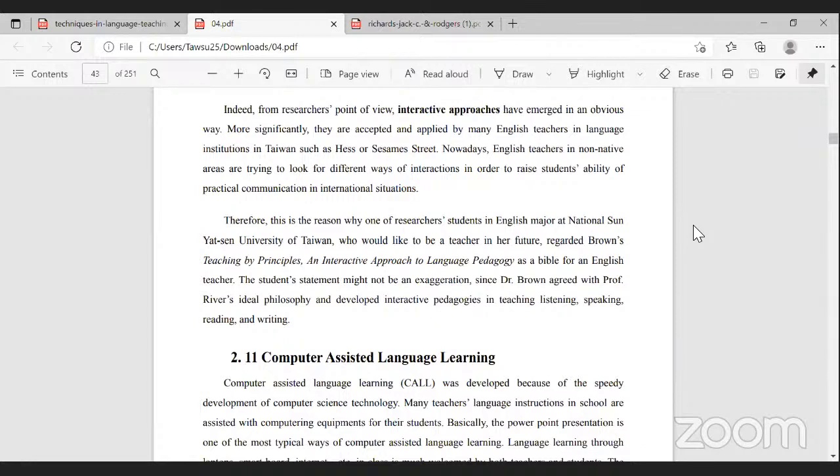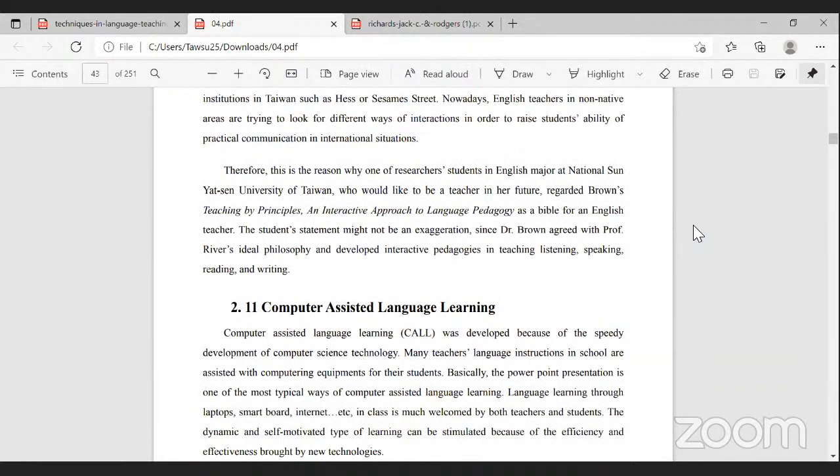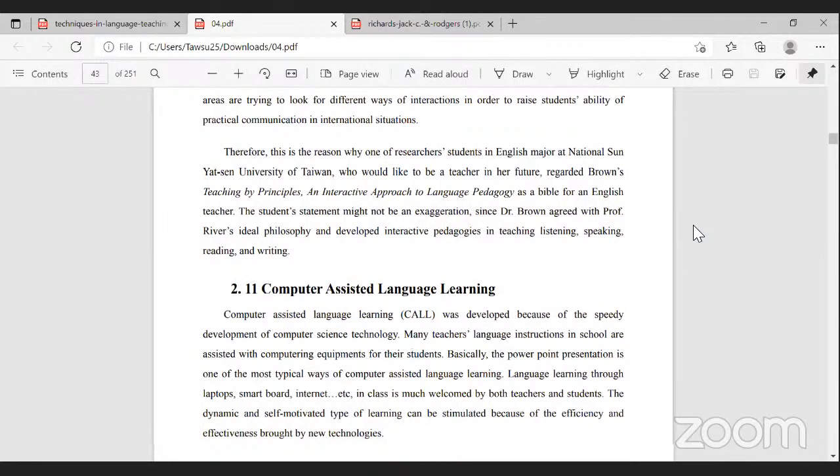The student's statement might not be an exaggeration, since Dr. Brown agreed with Professor Rivers' philosophy and developed interactive pedagogies in teaching listening, speaking, reading, and writing. So basically, these people focused on interaction.